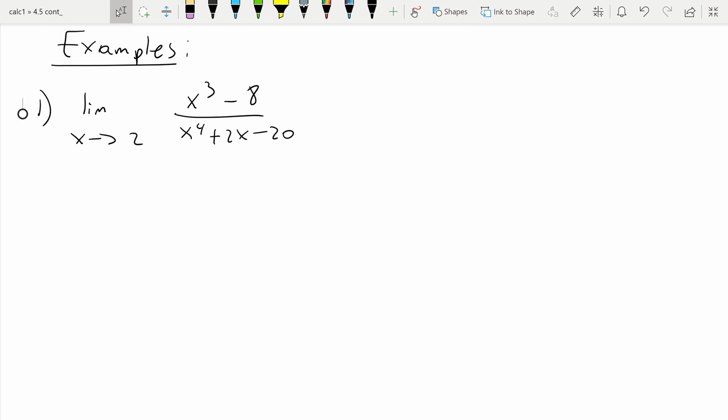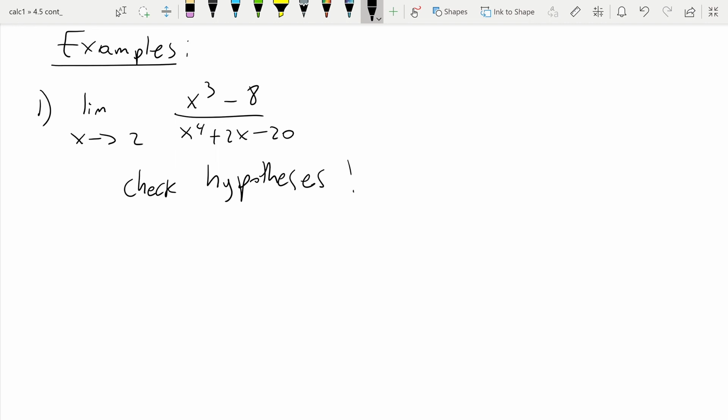And here the first thing to do is to check the hypothesis. The most important one is to check that the top and the bottom either go to 0 or plus or minus infinity.